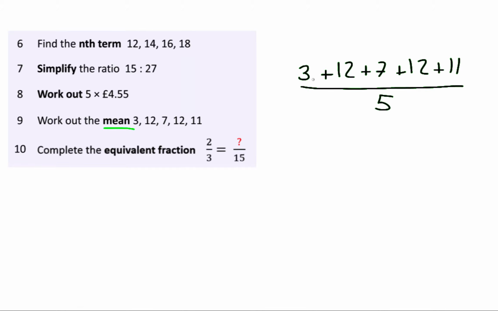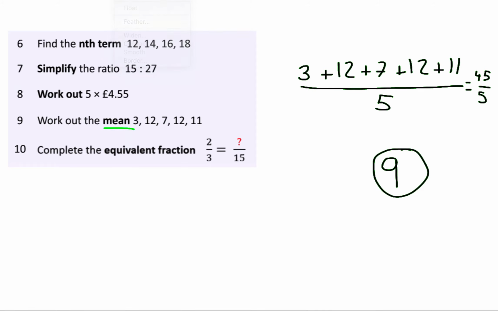Alright, so let's start. 3 plus 7 is 10, plus 12, 22, plus another 12, 34, plus 11, 45. So 45 divided by 5, which is 9. So this is the answer. So the mean of those numbers is 9.